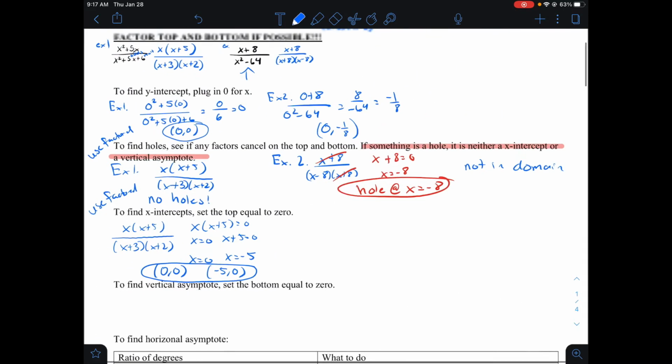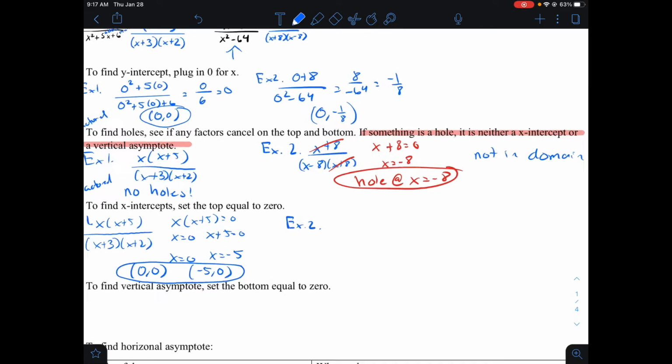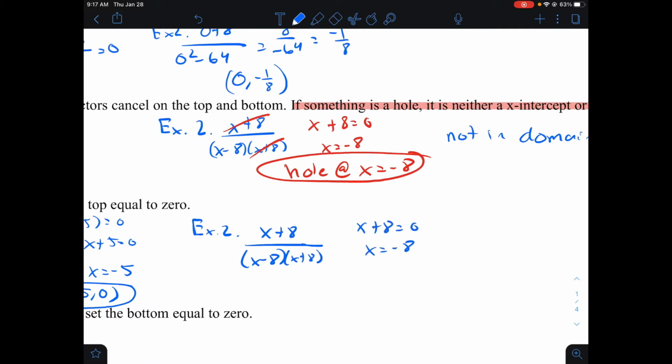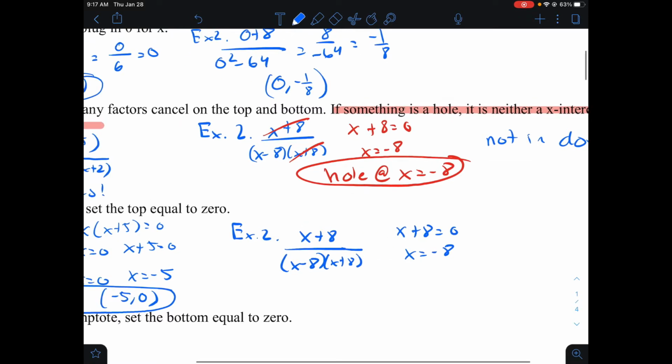All right, so now let's go ahead and try out our example 2. So we look and we've got x plus 8 all over x minus 8, x plus 8. Well, if we set the top equal to 0, we get x plus 8 equals 0, x equals -8. However, right, x equals -8 was a hole up here, right?